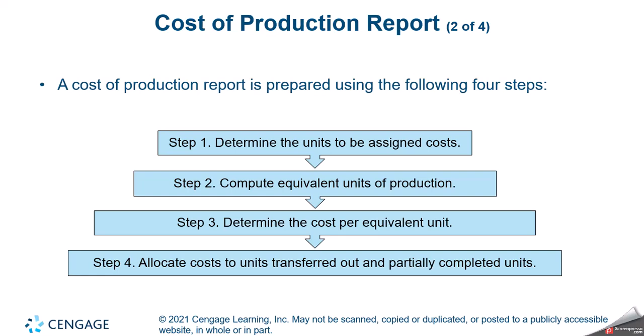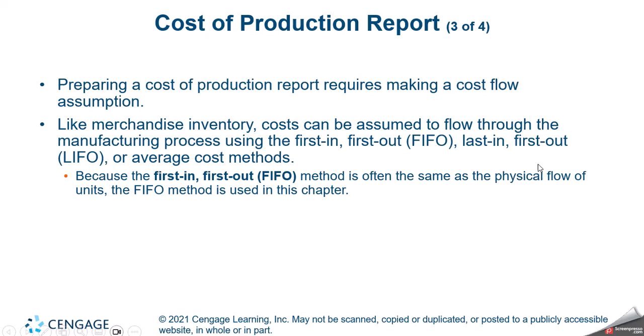Where it gets a little bit trickier in process costing is what they call equivalent units of production, because we're not completely done as we move from one process to the other, but we want to value our inventory to say how far along we are. So we're going to go through those different types of things.